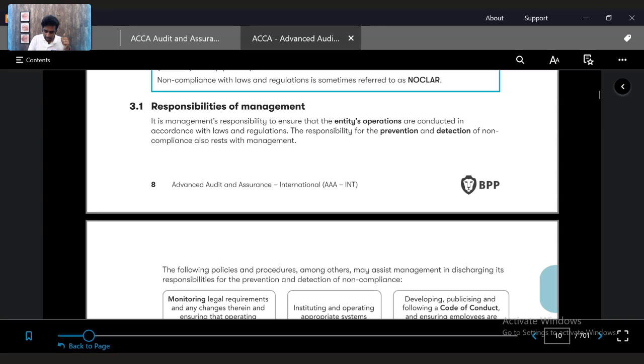So management has the responsibility for prevention and detection of non-compliance. To ensure that they are fully compliant with all the laws and regulations, they need to prevent non-compliance. They also need to ensure that they detect such non-compliance through their regular operational aspects.